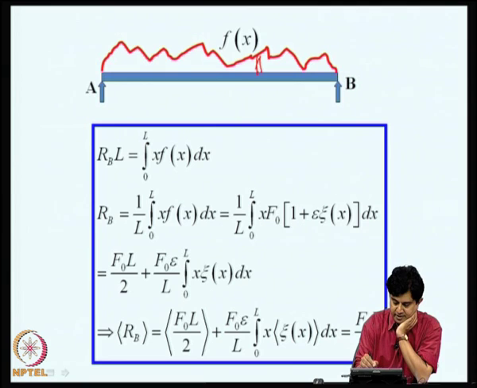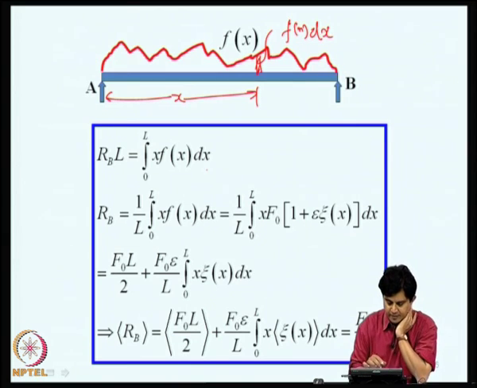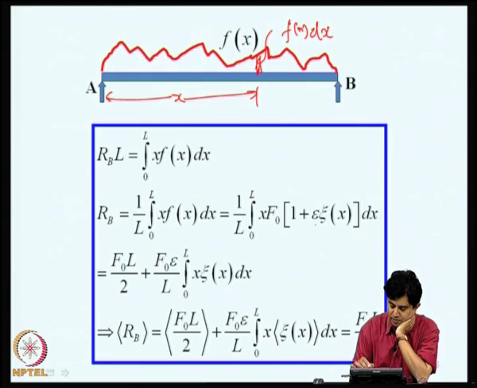So, we consider an elementary strip, and this load is f of x dx. Now, from this I get R B as 1 by L integral of x into f naught 1 plus epsilon psi of x dx, or in a slightly simplified form we get this.